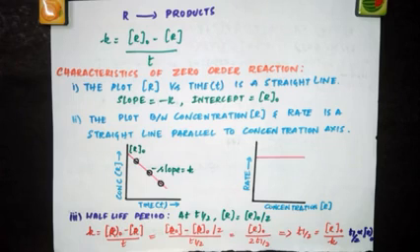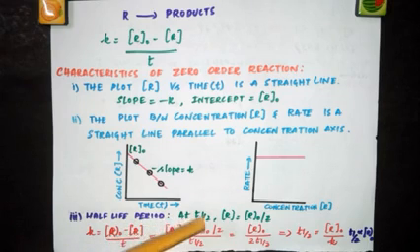And now we're going to derive an expression for half-life period. Before that, let's define what is half-life. Half-life period is the time taken to complete half of the reaction, and that is represented as T half. So what is T half? The time taken to complete half of the reaction, which means the initial concentration becomes half.